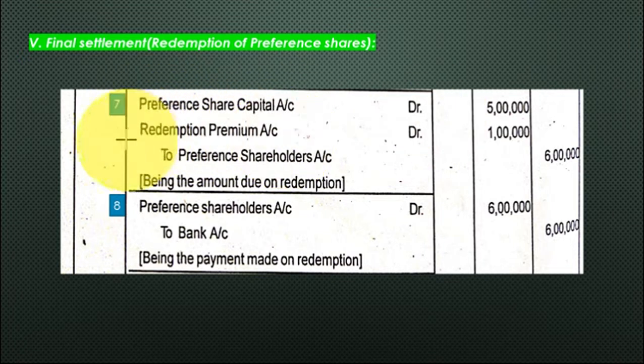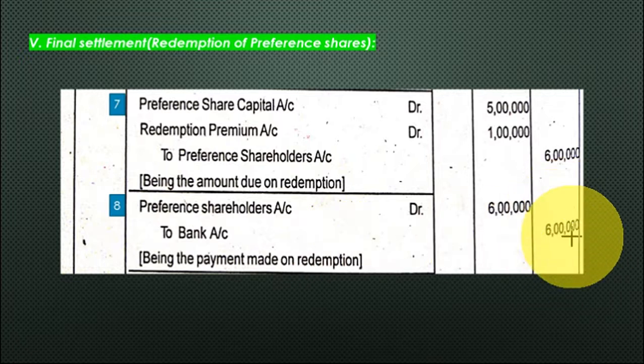Premium on redemption of preference shares account debit, to preference shareholders account. So we are transferring this much to shareholders. Then we have to pay them, make the payment. Who are the receivers of benefit? Preference shareholders. They should be debited. Preference shareholders account debit to bank account. So total 6 lakh we have to pay. That's it. Clear?